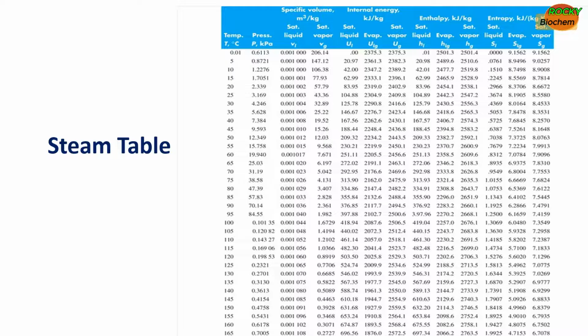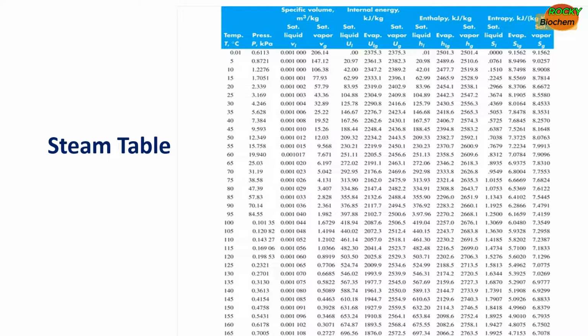You just have to get the values for saturated liquid, and then the values for the saturated vapor. The incoming steam is read from the saturated vapor column, whereas the exiting saturated liquid is read from the saturated liquid column. And for the exiting vapor through the upper compartment, we read it from the saturated vapor column.